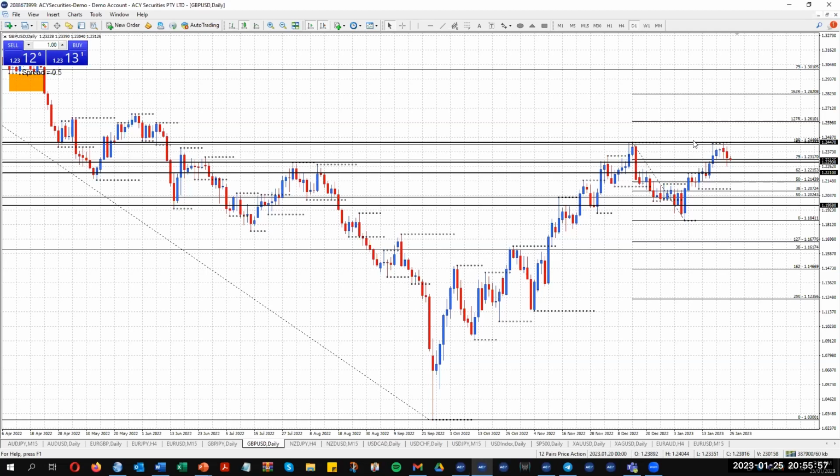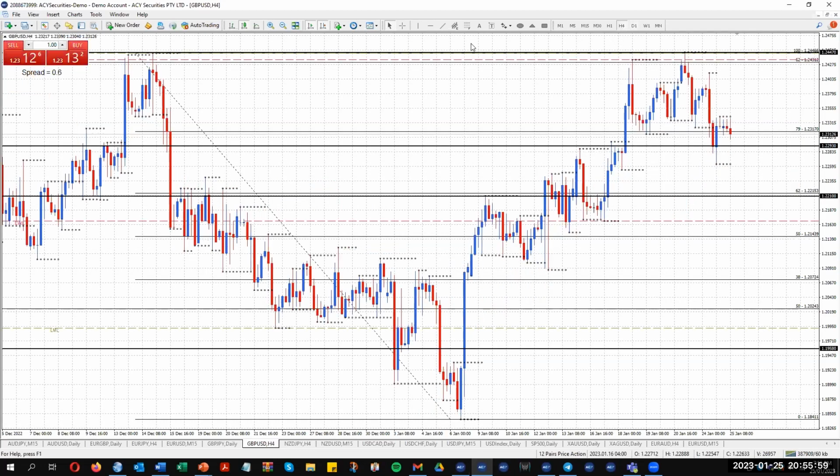I could put a little color band in there if I really wanted to. If you find it easier to color it in, that's the way to go. But over time, I've just got my eyes trained that much that I don't need to color it in really. It's more for you guys, so you can see how I'm coming up with the tops or the bottoms as we drop it down into the 4-hour chart.